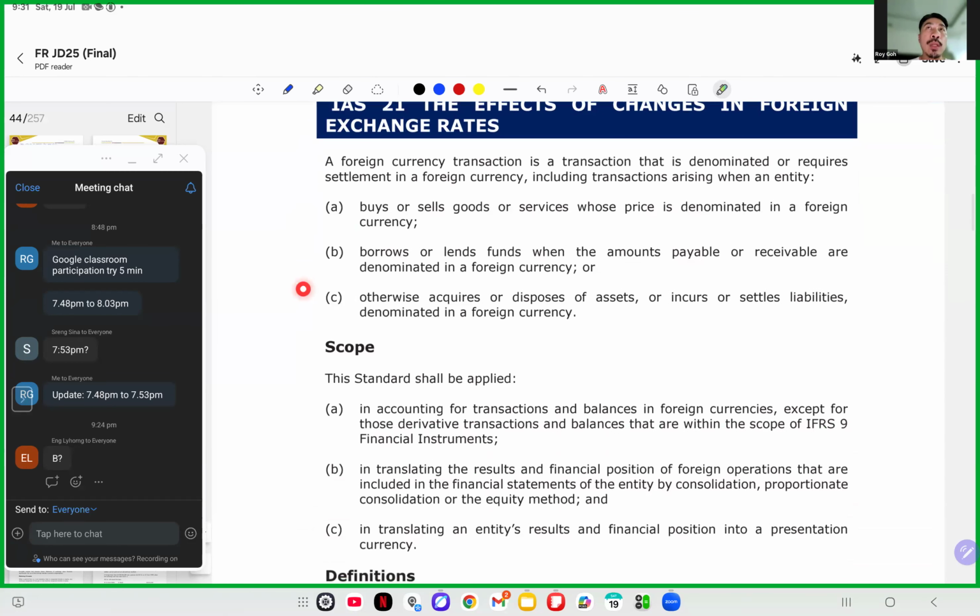You apply IAS 21 when you buy or sell goods in a foreign currency, when you borrow or lend money in a foreign currency, when you buy or sell assets in a foreign currency, and also a liability to settle or owe in a foreign currency. So any transaction with a foreign currency, you apply IAS 21.